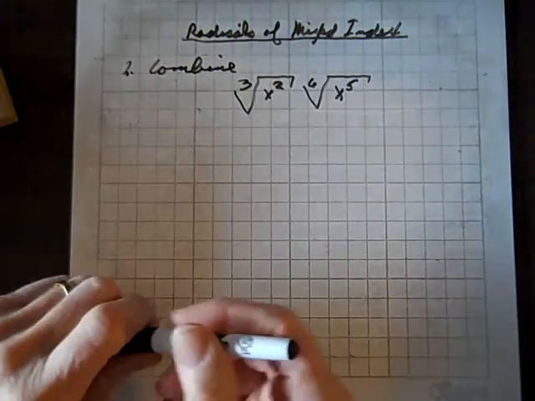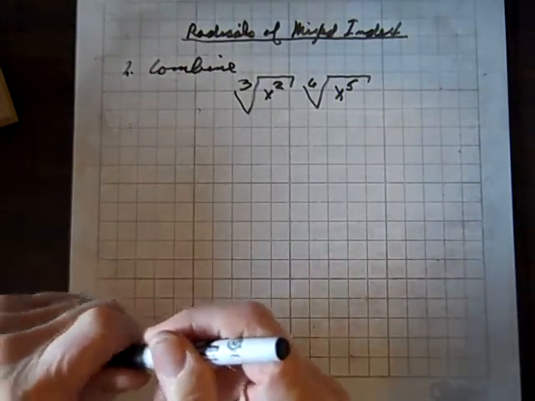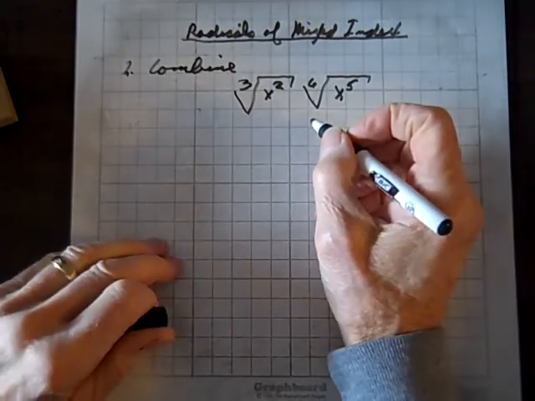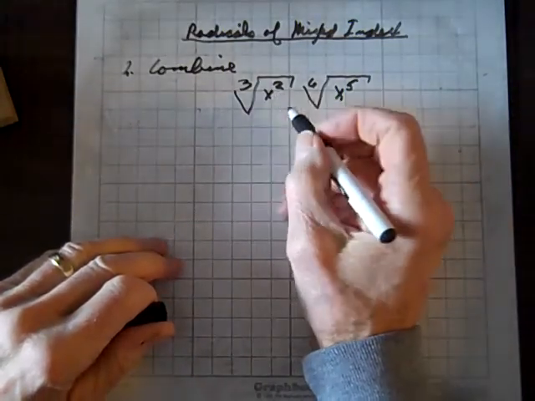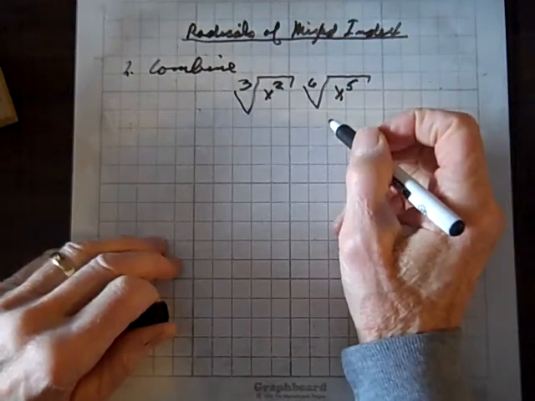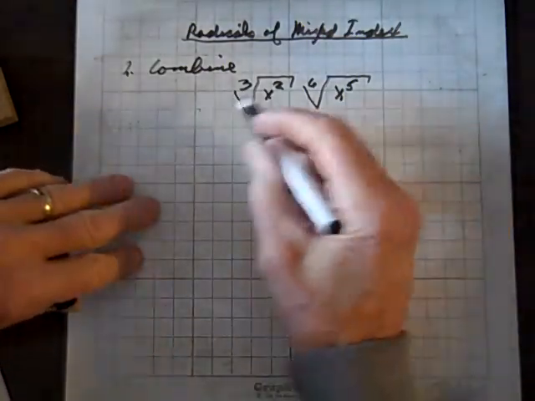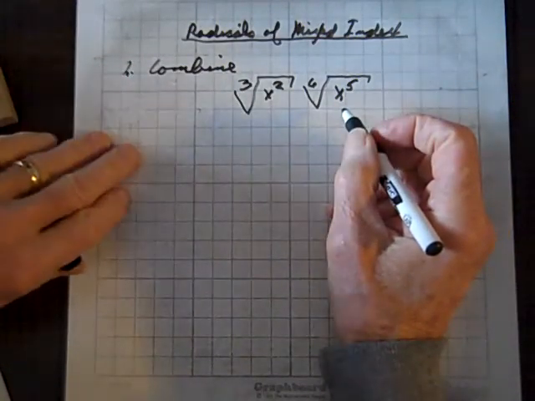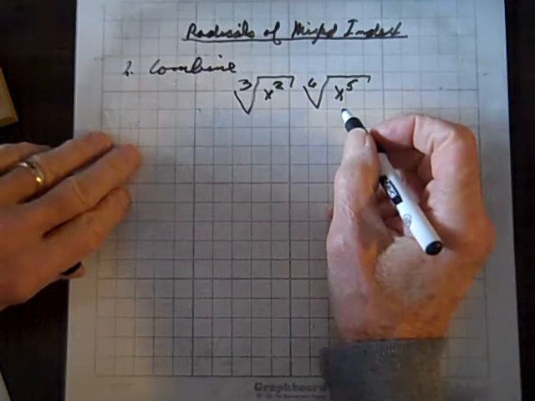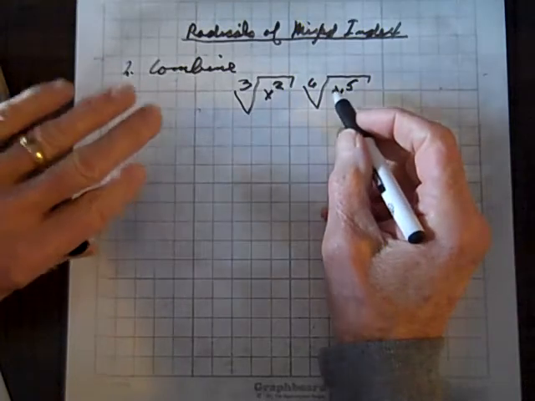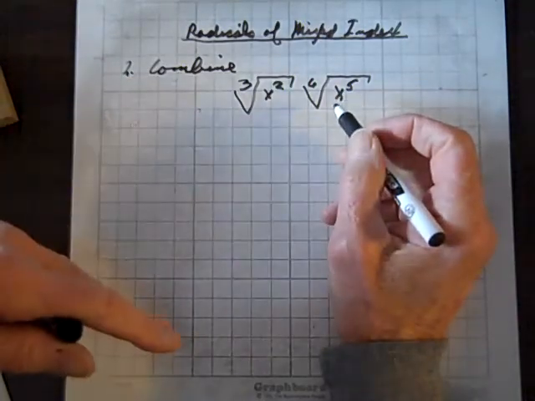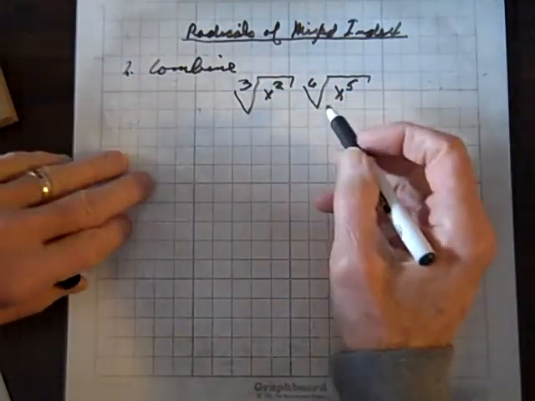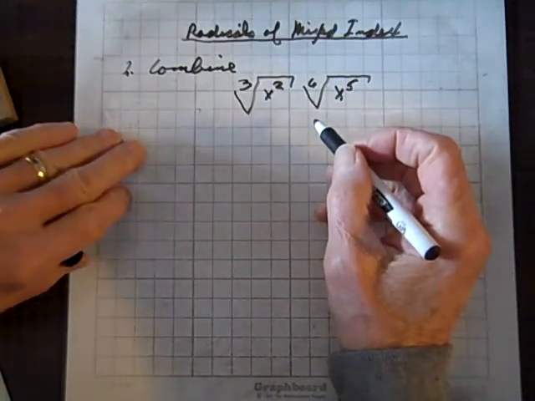Okay, for the next mixed index radical, or set of radicals, we have the cube root of x squared and the 6th root of x to the 5th. Well, we want to combine these two. In order to do that, we have to rewrite them in terms of one radical, but before doing that, two radicals relative to the same root.